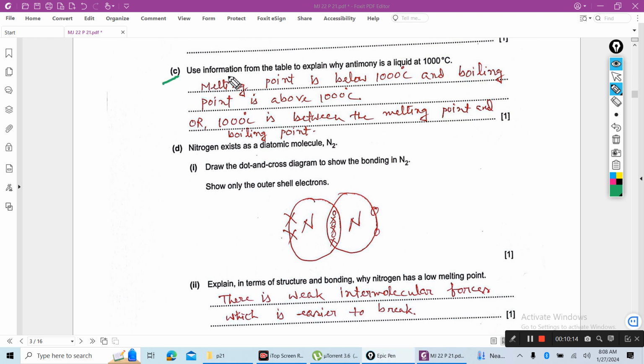Number C, use information from the table to explain why antimony is a liquid at 1000 degrees centigrade.